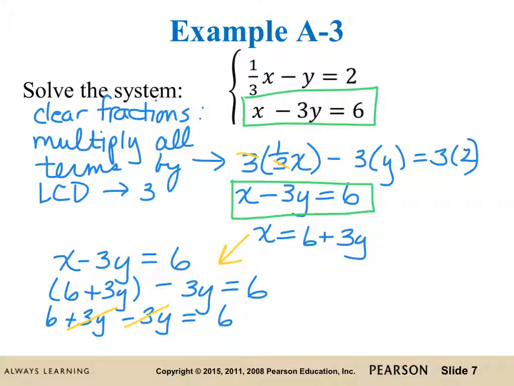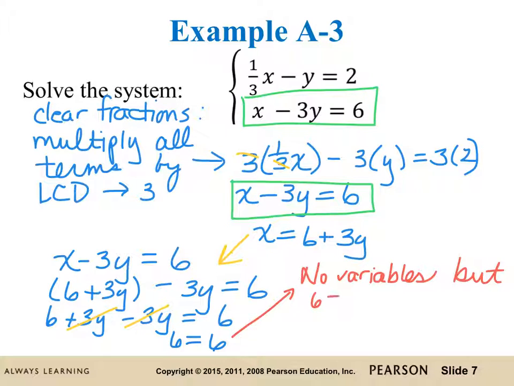But this time, what we have is 6 is equal to 6. No variables. But, this is very important, 6 equals 6 is true. And that is equivalent to saying there are many solutions.